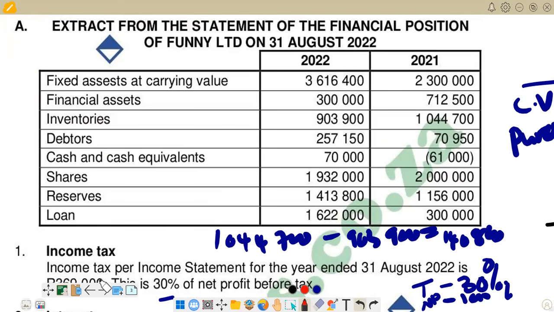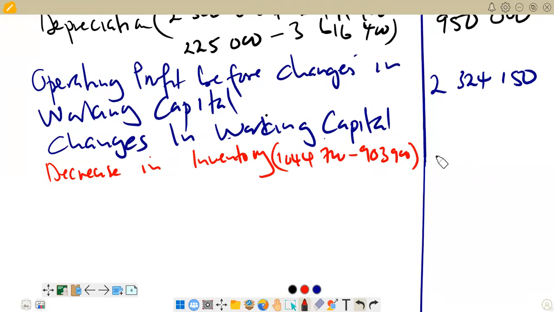That's the figure that we have. So the answer that we got there is 140,800.